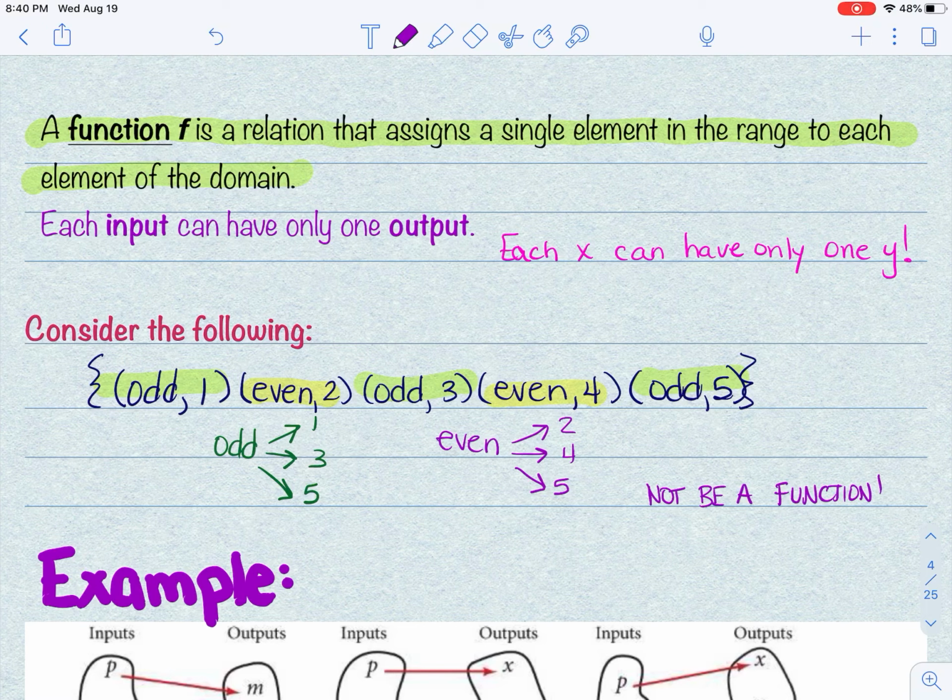It is a relation, but it is a relation that is not a function because, again, each x or each input variable had more than one output variable. So again, to be a function, the relation can only have one element from the range for each element of the domain. So each input can only have one output.